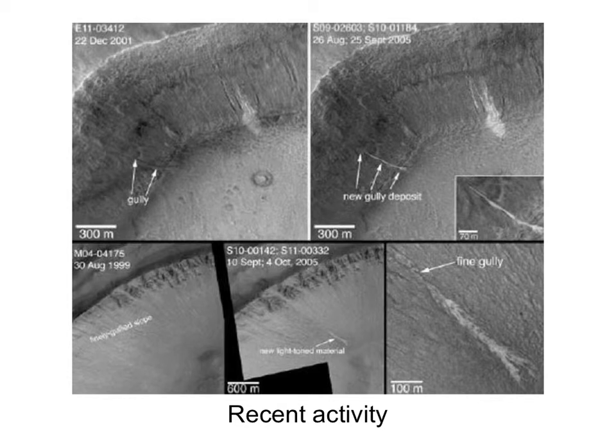One thing that has kind of refuted the ancient snowpack hypothesis is that we can actually see gully activity over the course of a few years. So the nice thing about having Mars Global Surveyor in orbit for about 10 years or so is that it could take pictures of the same area over and over and over again.